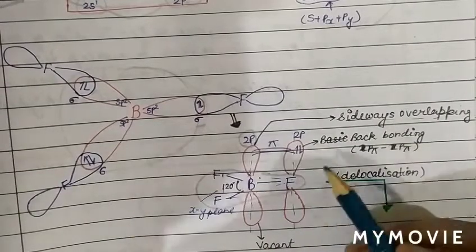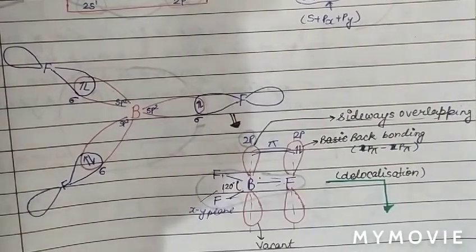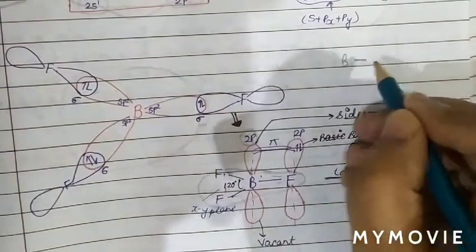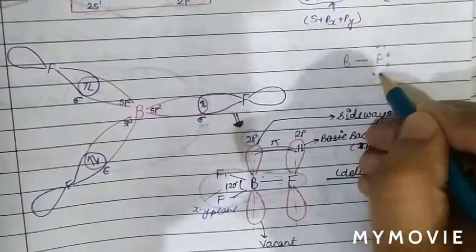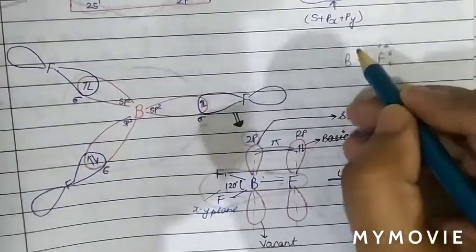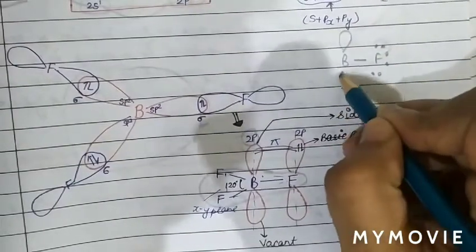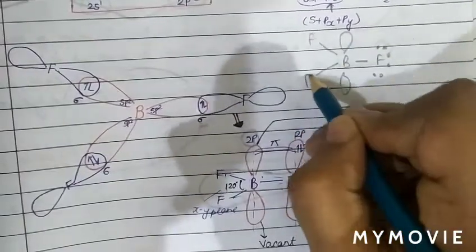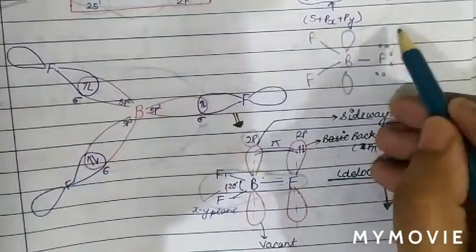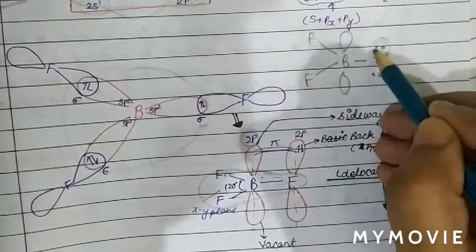Now fluorine also has lone pairs of electrons: 3 lone pairs on each fluorine atom, and boron has one vacant orbital. So this is BF3.